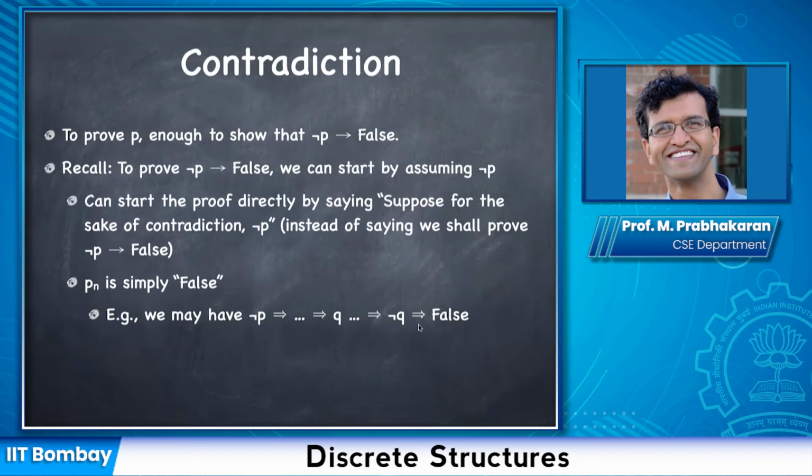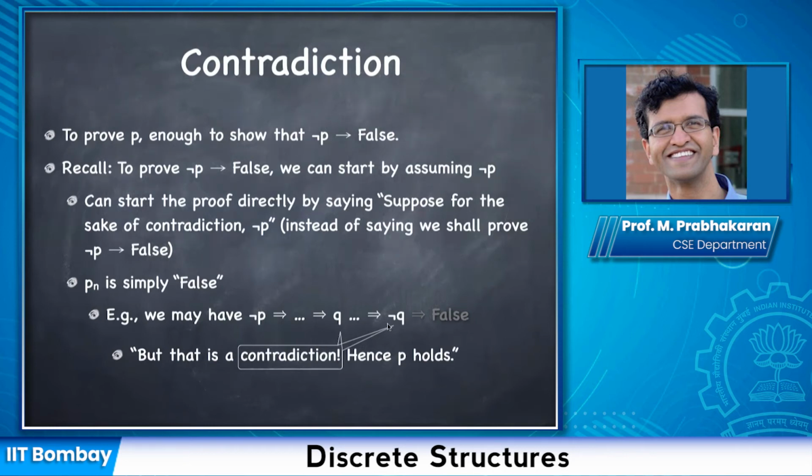Q and not Q itself evaluates to false, and false implies false. So you would maybe not write out this final thing as implies false as your last proposition. Instead, you would stop here and say, okay, I got Q and not Q, and this is a contradiction. It cannot be the case that both Q and not Q together hold, hence P holds.